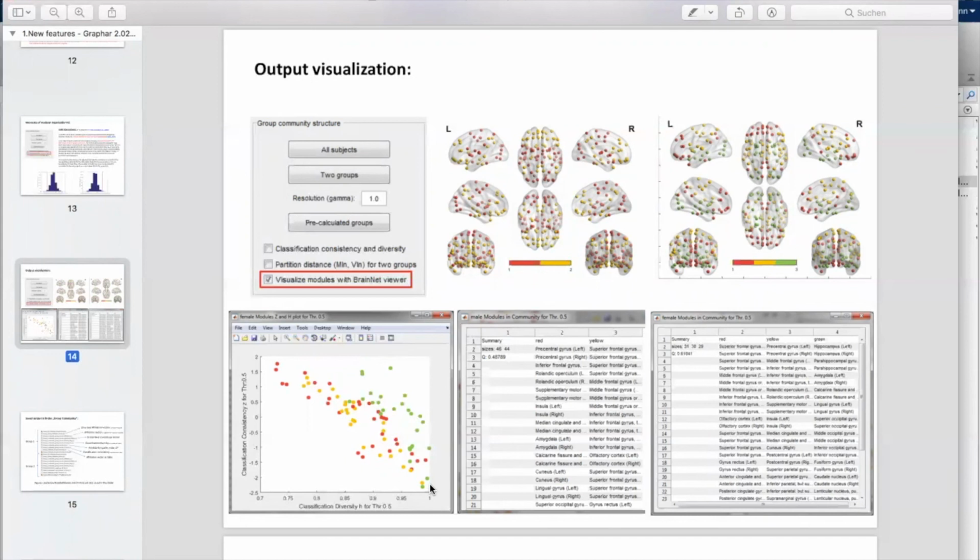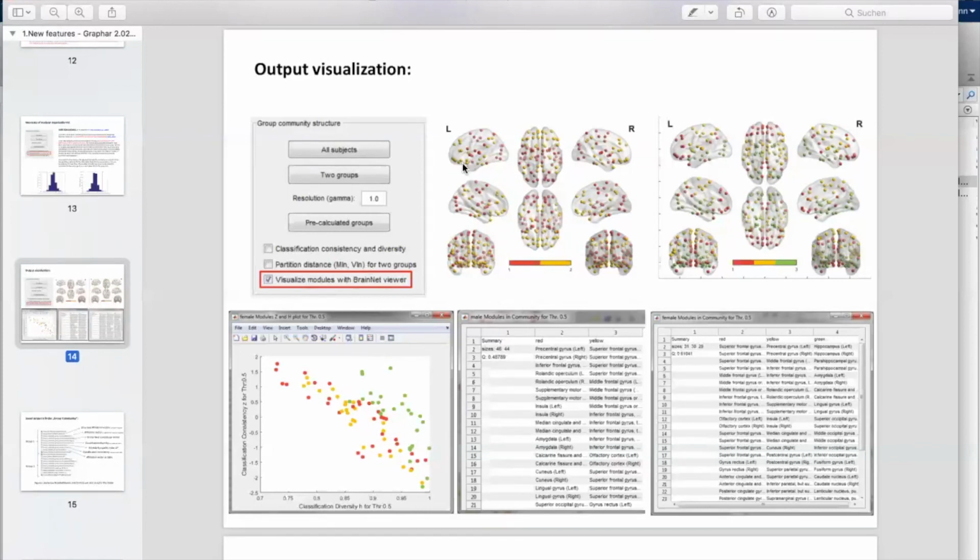Those measures are computed on final consistency matrices. But you can also look whether the two groups are different by means of mutual information or variation of information, basically a kind of cluster distance, whether the clustering is similar between the two groups.